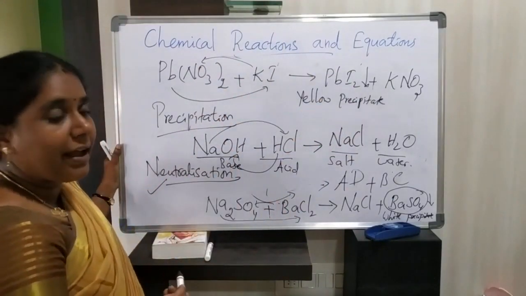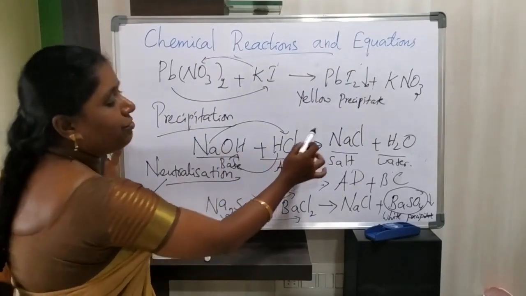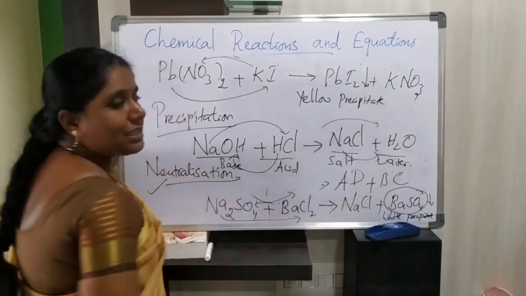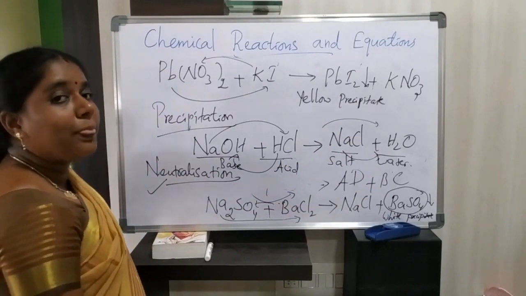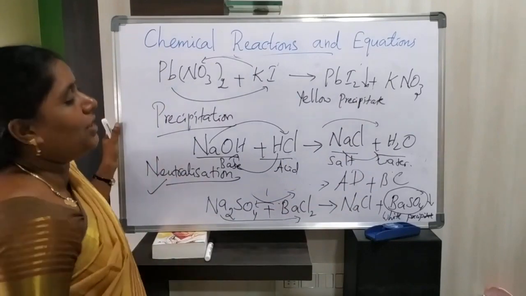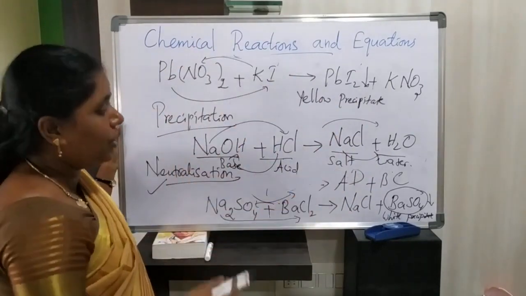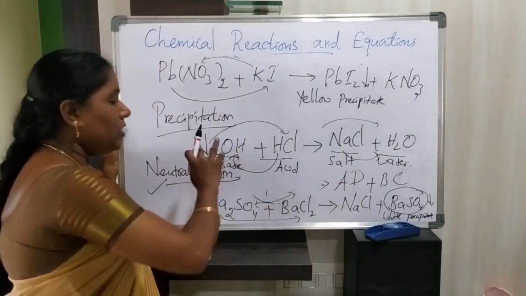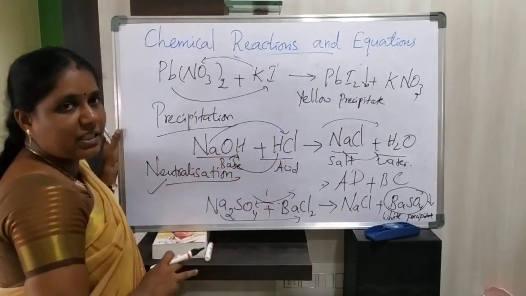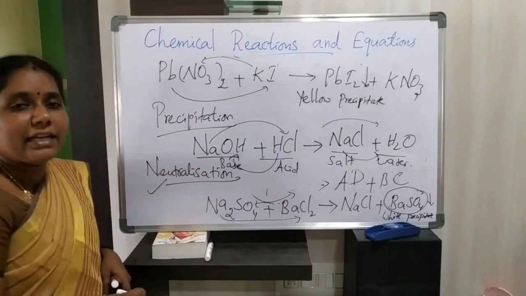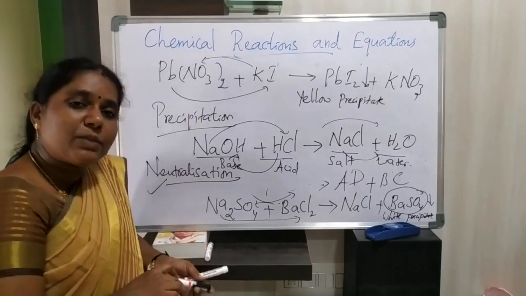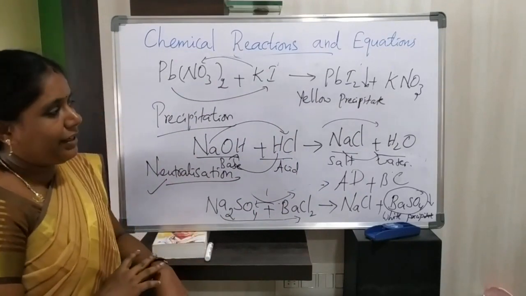An exchange of ions between two reactants to form two different products is called what? Double decomposition reaction or double displacement reaction. Two ions exchange takes place, so these reactions are called double displacement or double decomposition reactions.